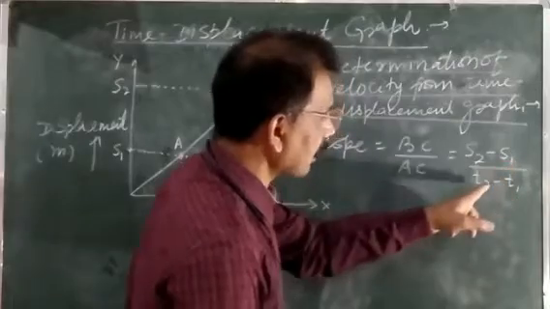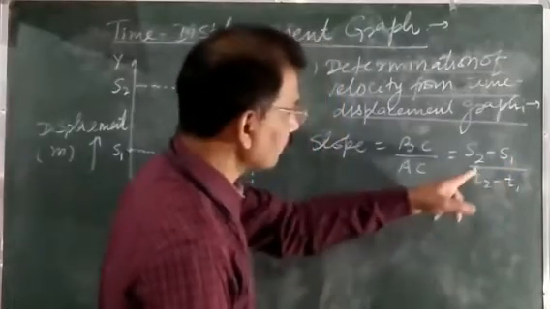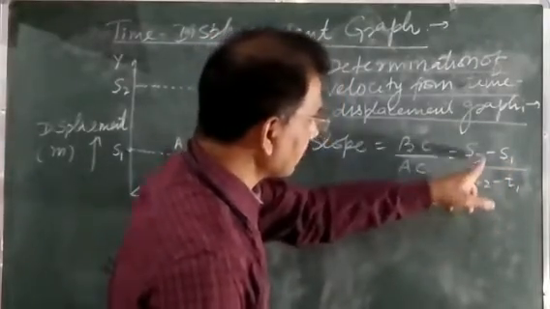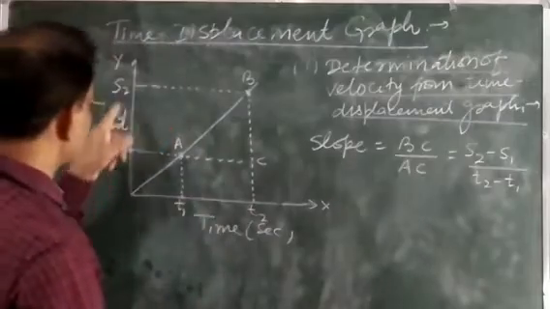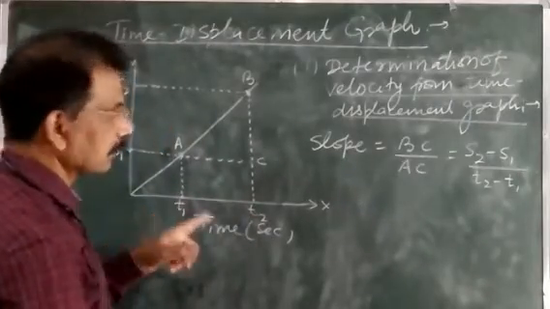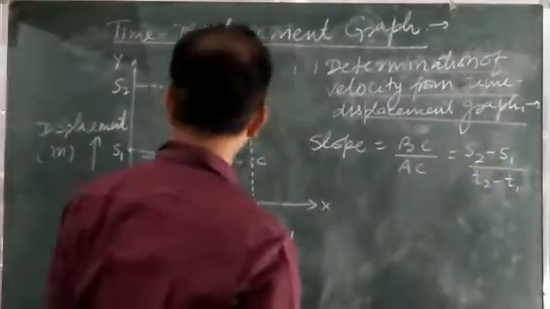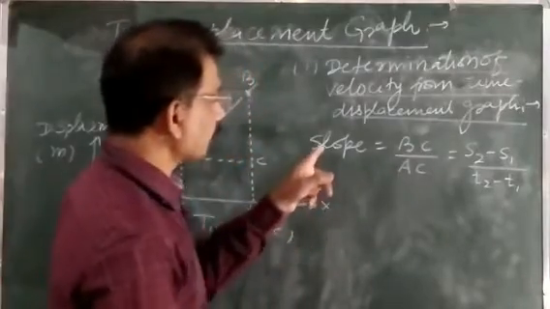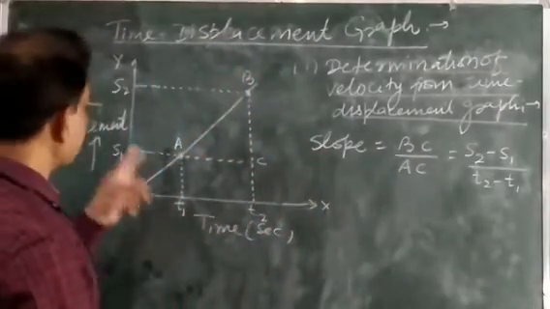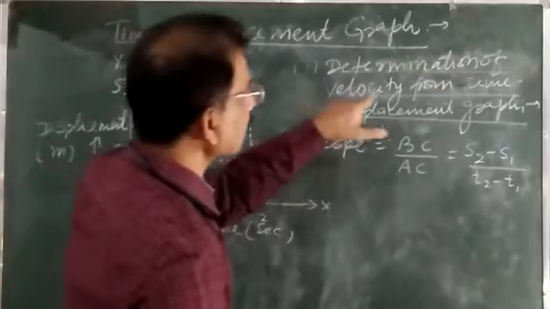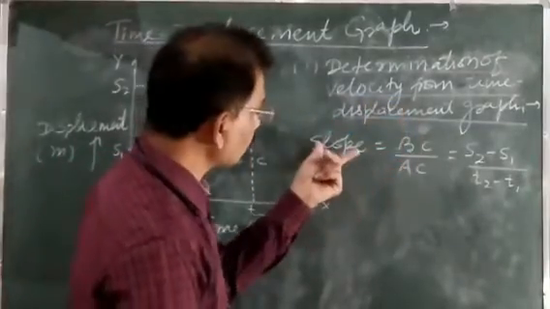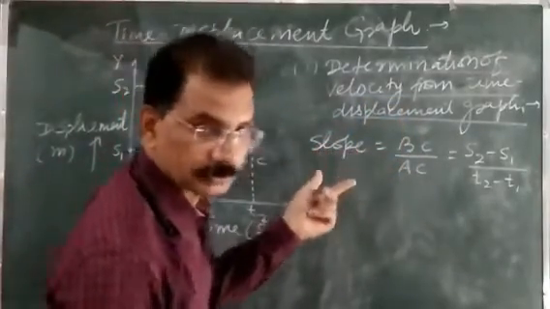S2 minus S1 upon T2 minus T1, which you can calculate by taking the values of S2, S1, T2 and T1. And in this way you can find out the slope of this line. And already I have told you, the slope of this time displacement graph will give what here? Velocity. तो यही slope क्या बता देगा उसका? Velocity.